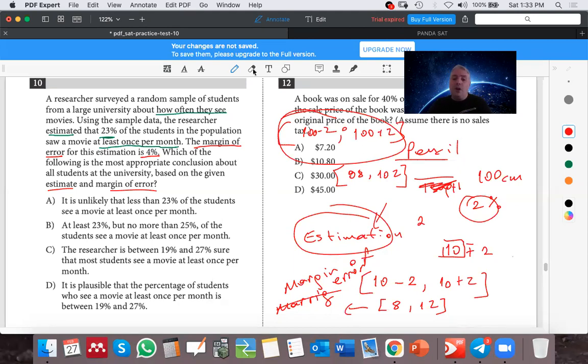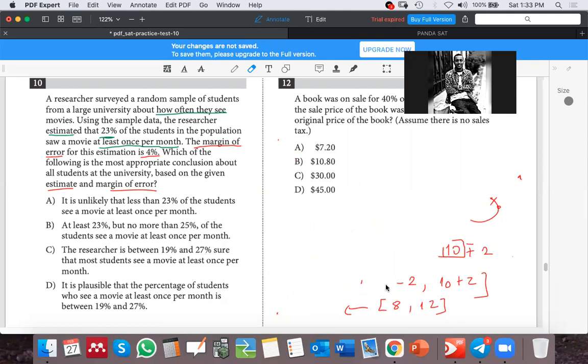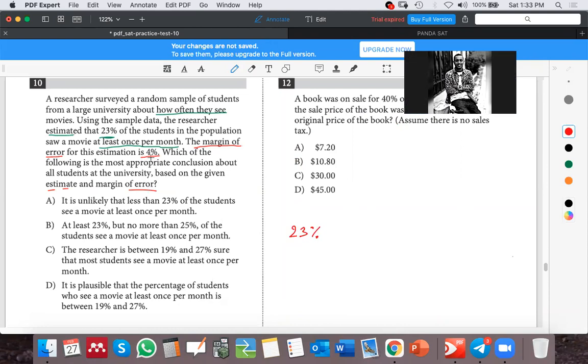Okay, so after knowing all this information, what am I going to do? When I read the question, it says the estimation is 23% and the margin of error is 4%. That means plus minus 4% is my error.